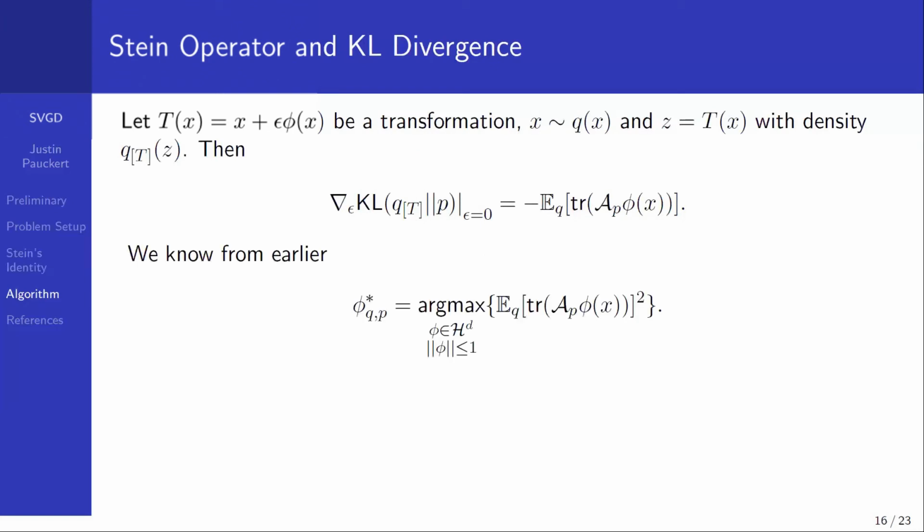So with what we know from earlier, we would know that this is a function, that's the argument that maximizes this expression right here, right? And this expression, most obviously, is very similar to that expression, right?